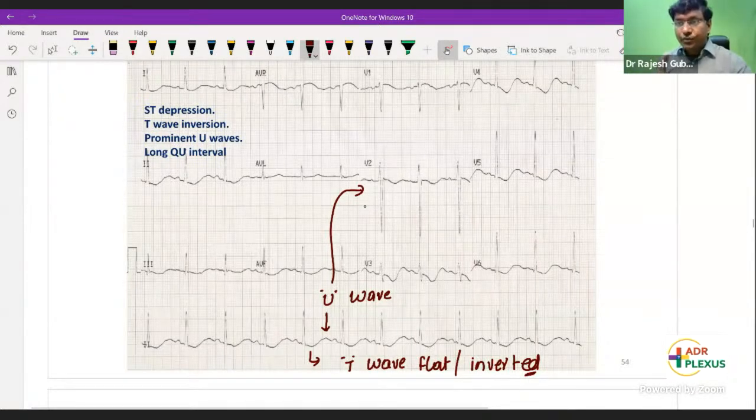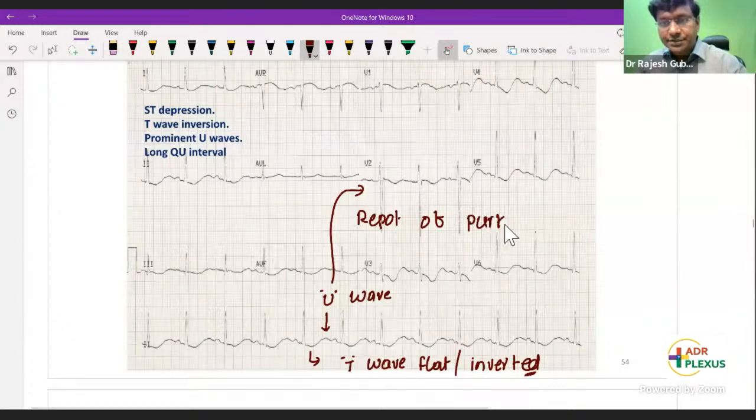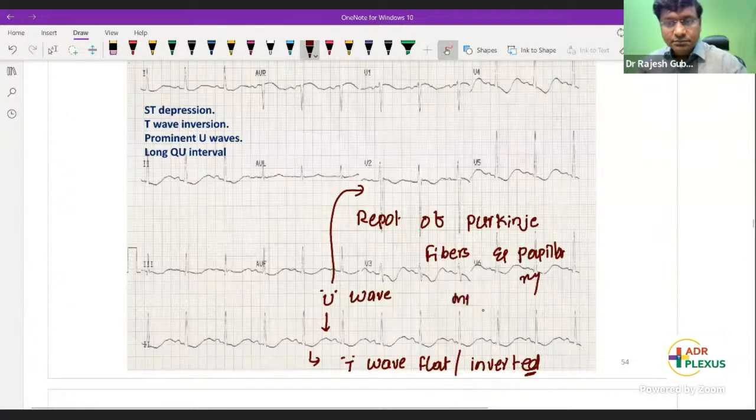It is due to prolonged repolarization of the Purkinje fibers and papillary muscles. That is why you have this U wave.